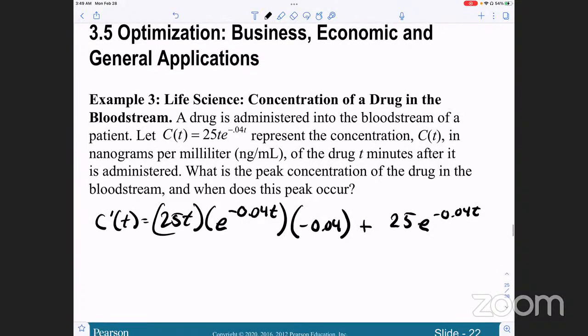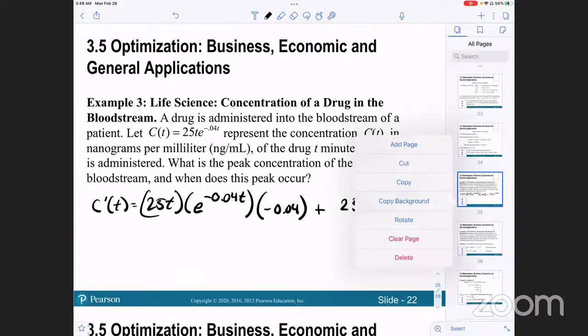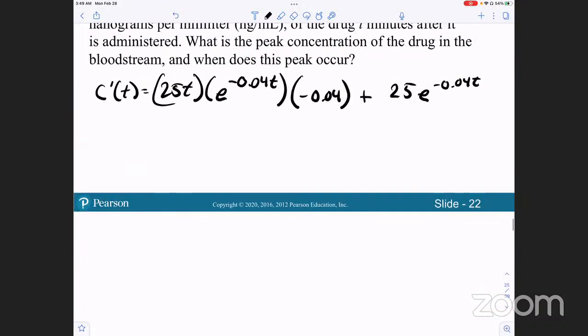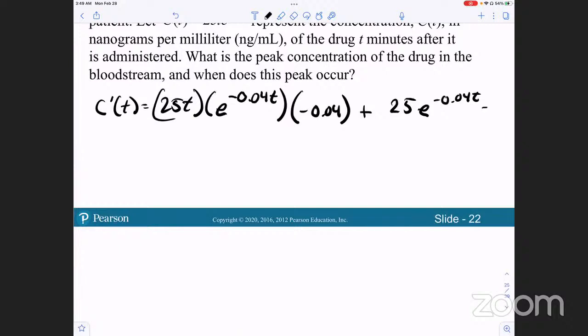When we do this, the first term leaves us with negative 0.04 t, and the second leaves 1. So we have 25 e to the negative 0.04 t times (1 minus 0.04 t) equals 0.